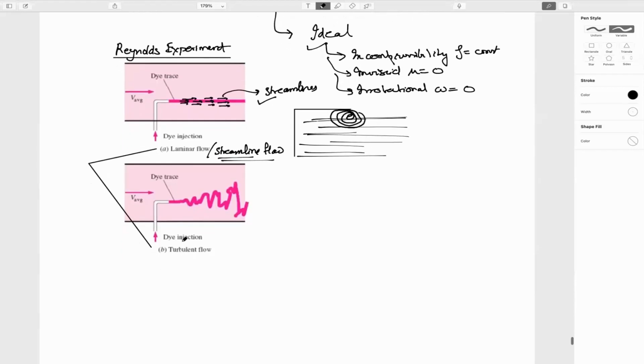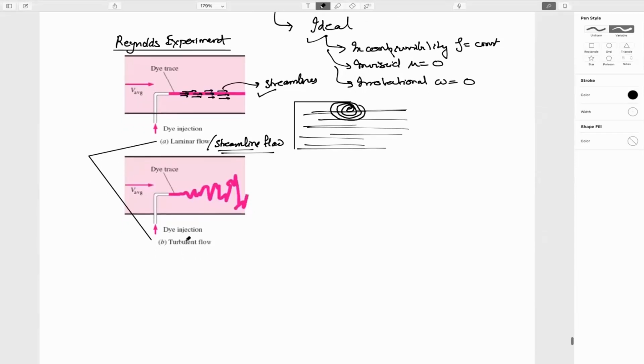We are not going to cover turbulent flow. However, in many applications, like the aerodynamics of a plane or a car, most of them involve compressible fluid, and there is turbulence also.